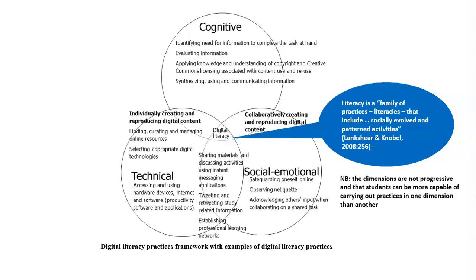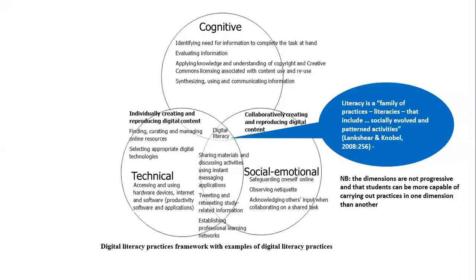And so when looking at digital literacy, this is now looking at it as a family of practices or literacies, which may include all different sorts of skills, of practices. And also just to note that with this social practice approach, the skills or practices that students develop, we're not looking at practices in a progressive way, but we are also aware that students may be more capable in some dimensions than others.